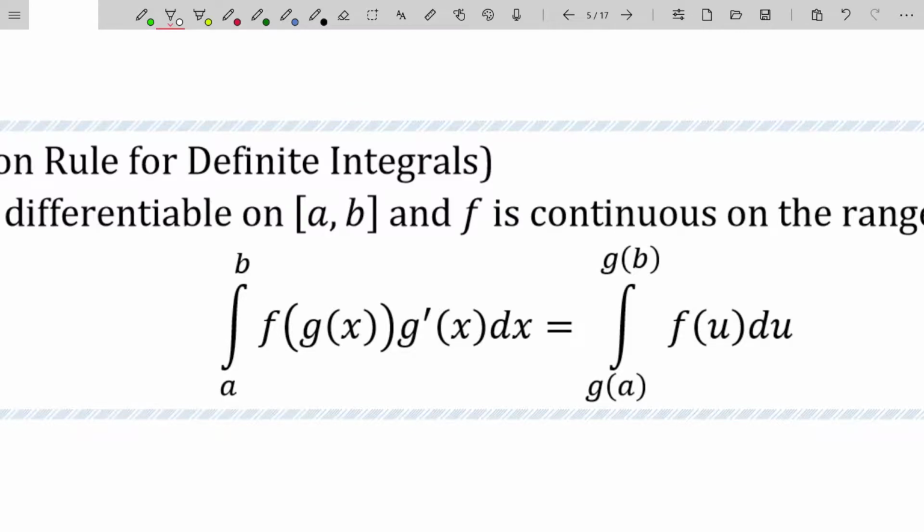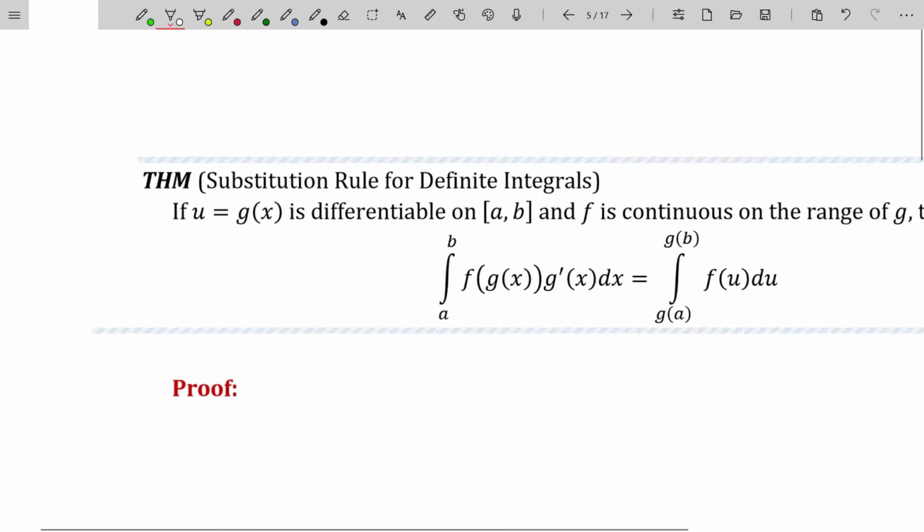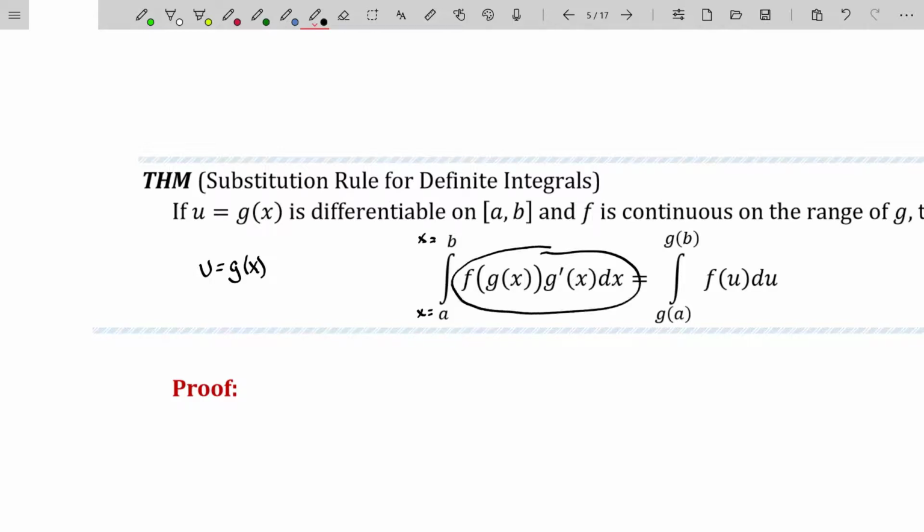Because we are allowing u to equal g of x, if somebody said I'm integrating from x equals a to x equals b, then when we transform into the world of u, everything else here is from the substitution rule for indefinite integrals, but the limits are the only thing we really need to talk about.